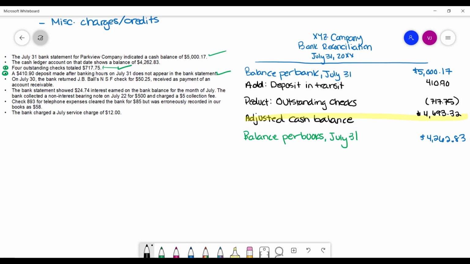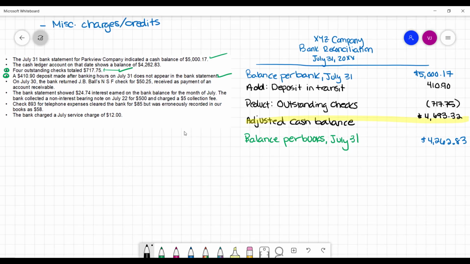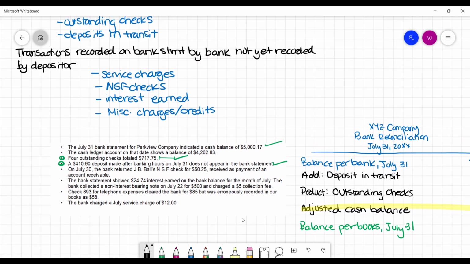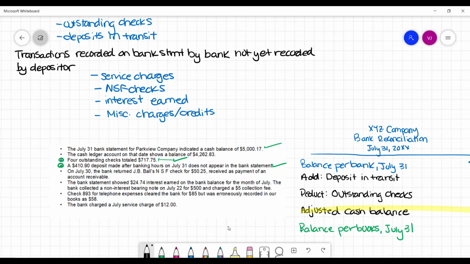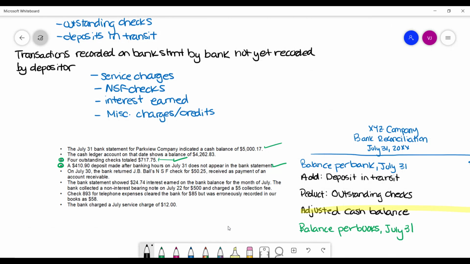So remember, what are things that would cause our accounting records cash balance to differ from the bank statement balance? We said things that the bank has recorded but we haven't yet, like service charges, NSF checks, interest earned, miscellaneous charges and credits, and also mistakes.